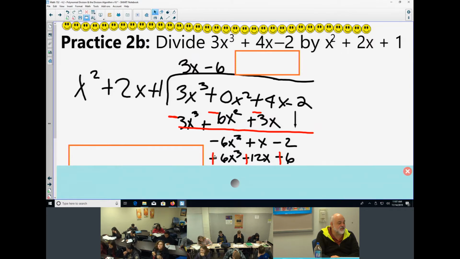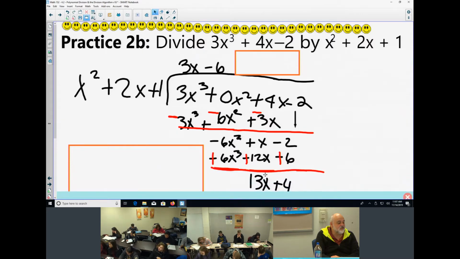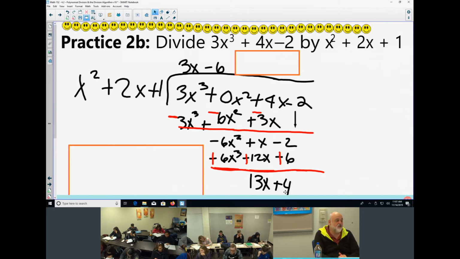And change the signs. This goes to 0. This goes to 13x. This goes to 4. So x squared won't divide into 13x. So that means this 13x plus 4 is your remainder. And so you write your plus, then your remainder over the divisor.